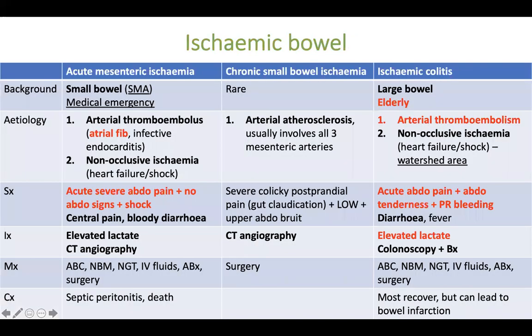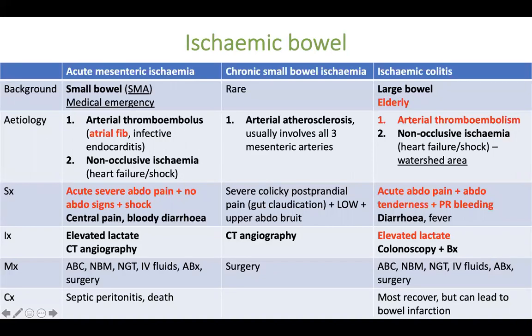Ischemic bowel. The main thing to know is that the main risk factor for acute mesenteric ischemia is atrial fibrillation. And in ischemic colitis, it's an elderly patient with cardiovascular risk factors who has had a stroke in the past.